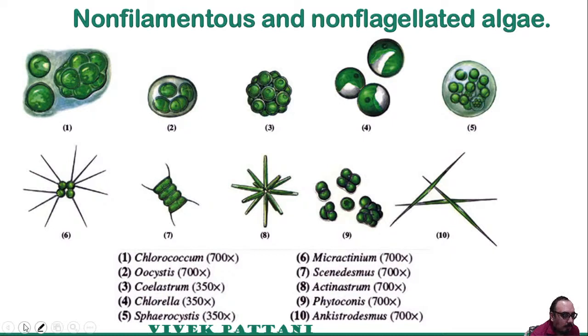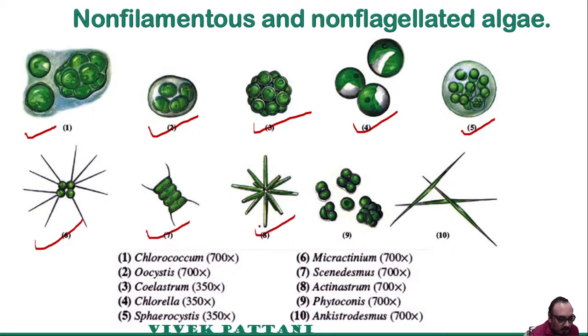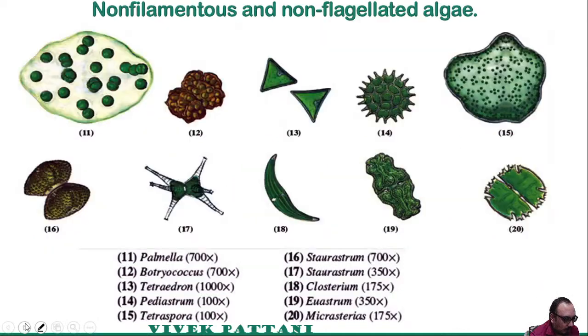Now comes the non-filamentous forms. The first one includes Chlorococcum, second one Oocystis, third one is Chlorellidium, the fourth one is Chlorella, fifth one is Paracystis, sixth one is Micractinium, seventh one is Scenedesmus, eighth one is Phytoconis, tenth one is Ankistrodesmus.